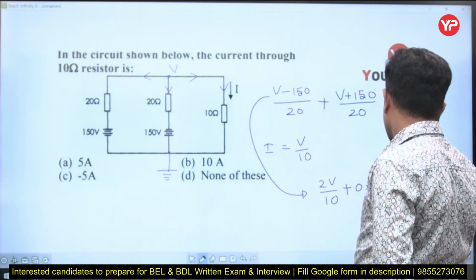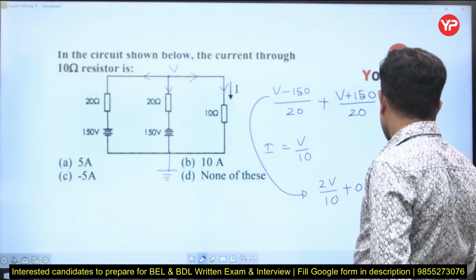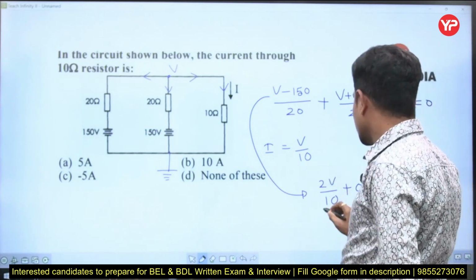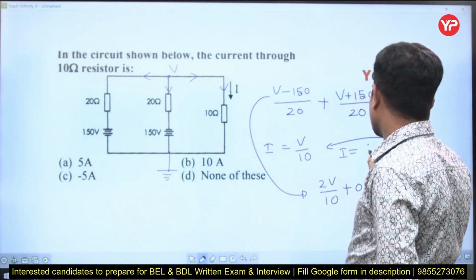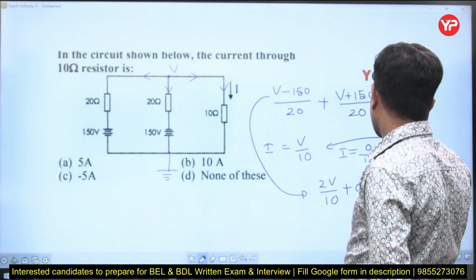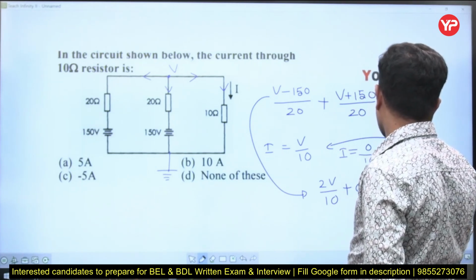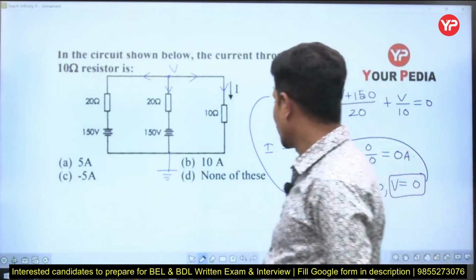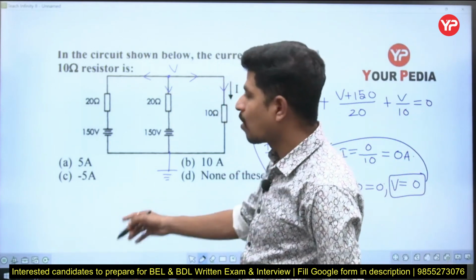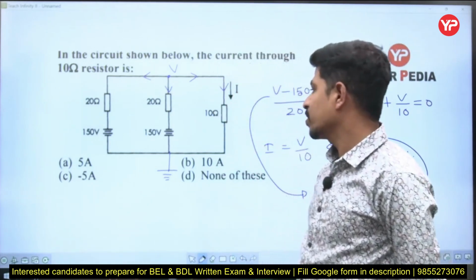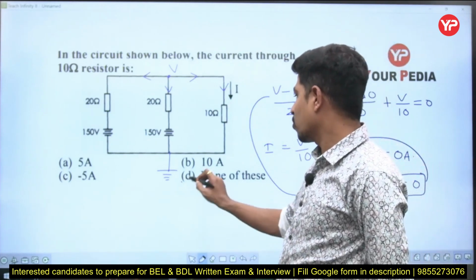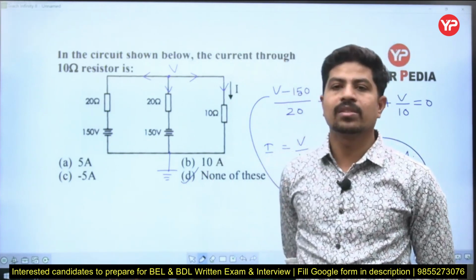So we got V equal to 0. If V is 0, I is equal to 0 by 10, that is 0 amperes. But 0 is not there in any of the options: 5 amperes, 10 amperes, minus 5. Therefore, the option will be none of these.